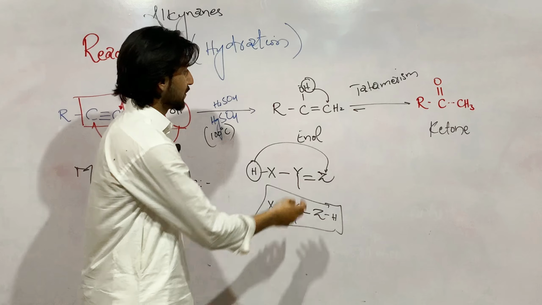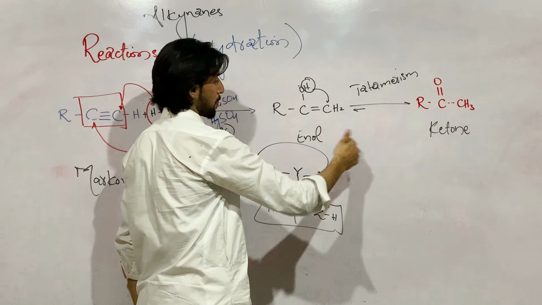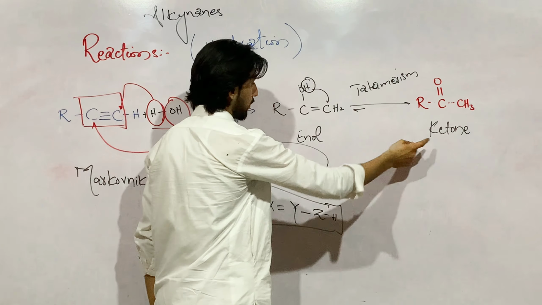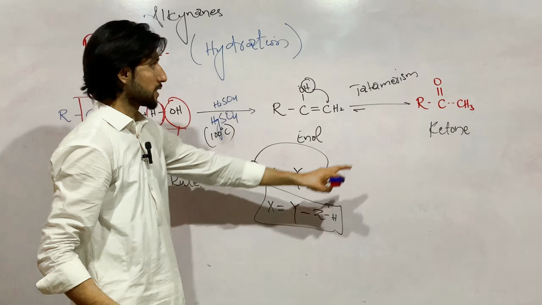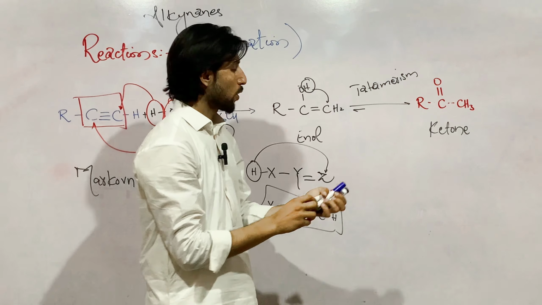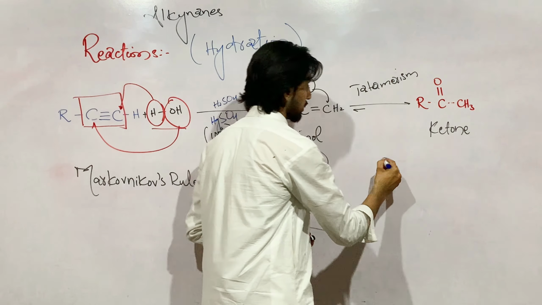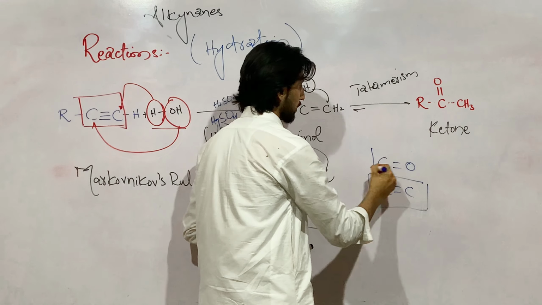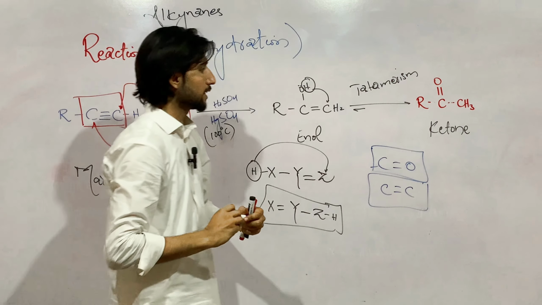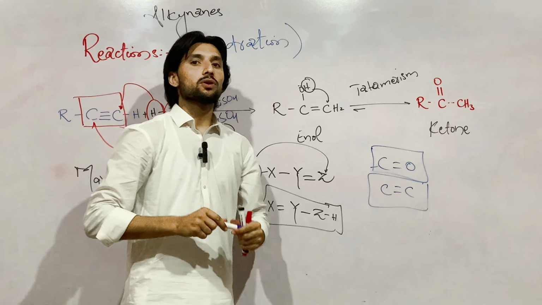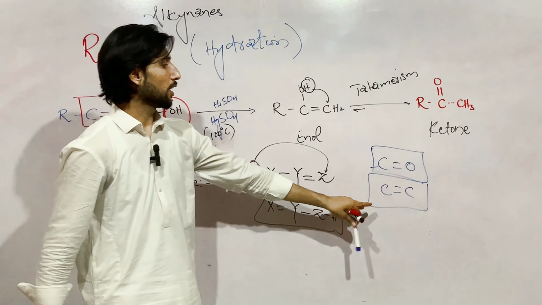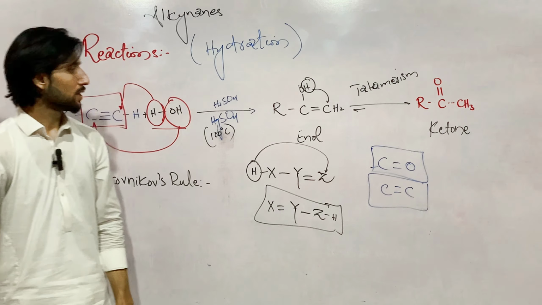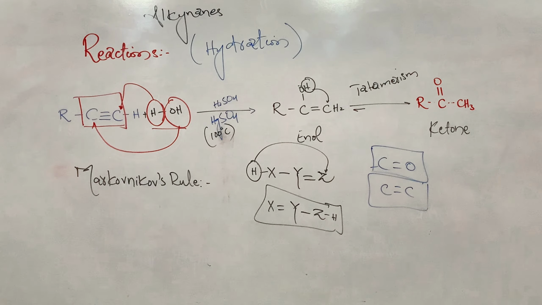Okay, so we see a tautomerism between keto form and enol form, but we will see greater stability for the keto form. Why? Because carbon-oxygen double bond is more stable than carbon-carbon double bond. Okay, so normally you will see the keto form more stable, more in the reaction chamber than our enol form. So hope this was clear.